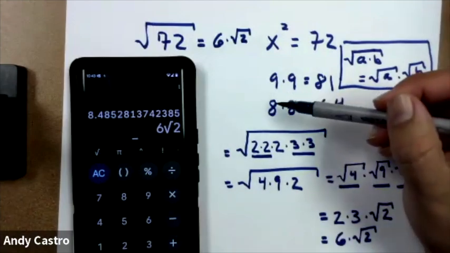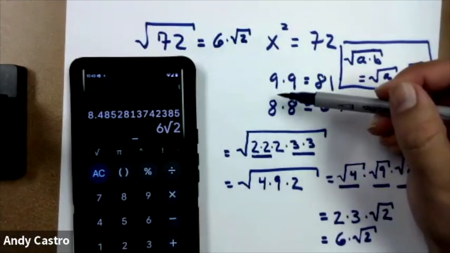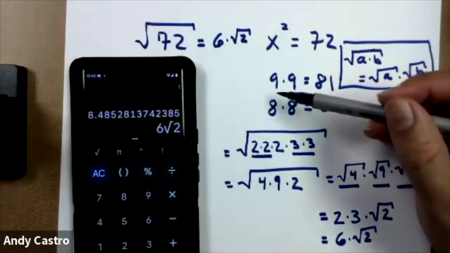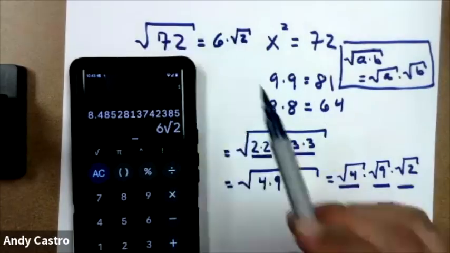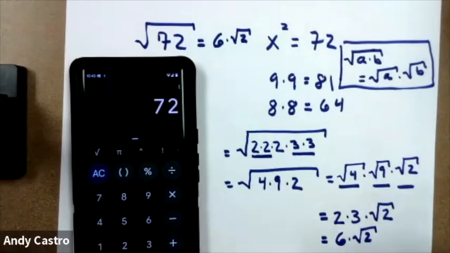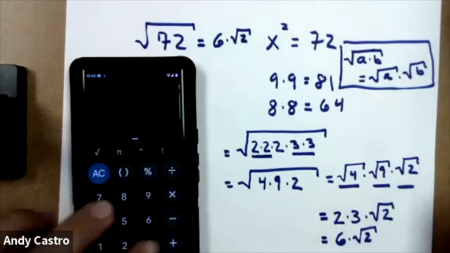So it is in between 8 and 9, right? Almost halfway between them. And that's the number that, if you square it, I'll get 72.